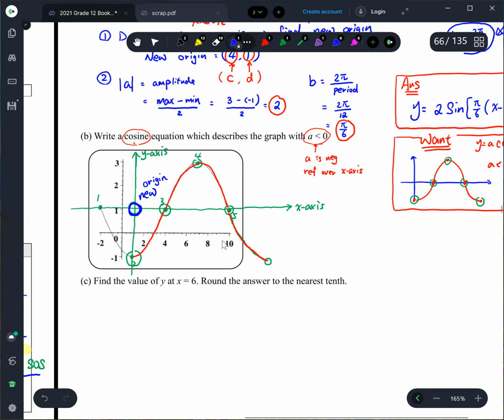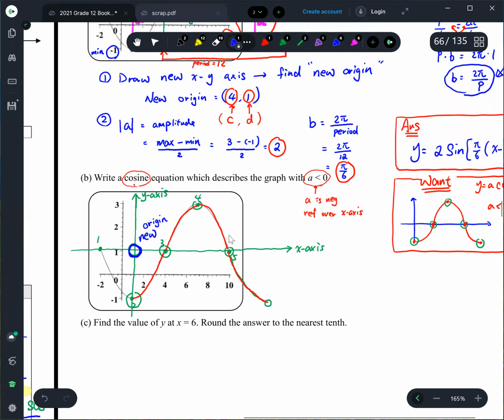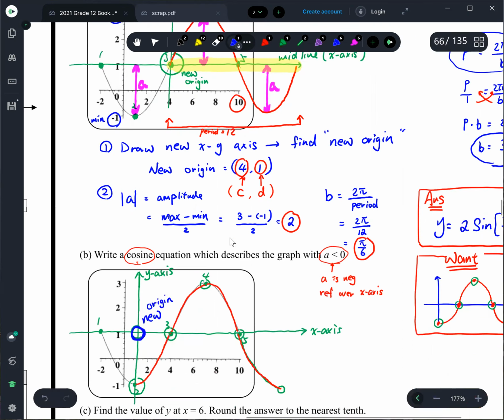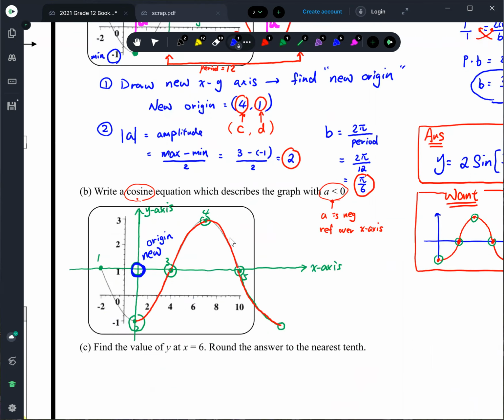New origin and starting point are different. In the previous question, your new origin and the starting point were the same place, because for sine, the starting point is right on the midline. But for cosine, your starting point is either above the origin or below the origin.